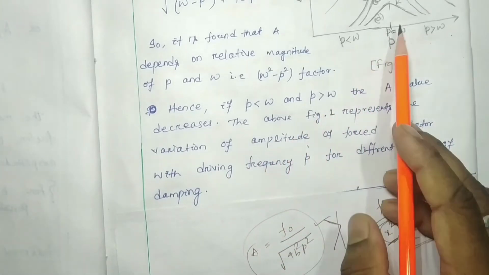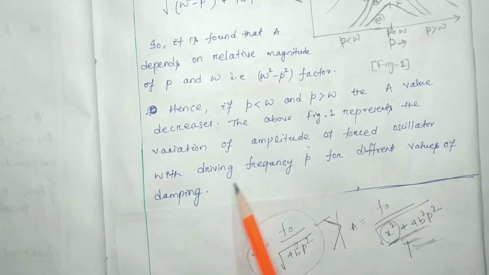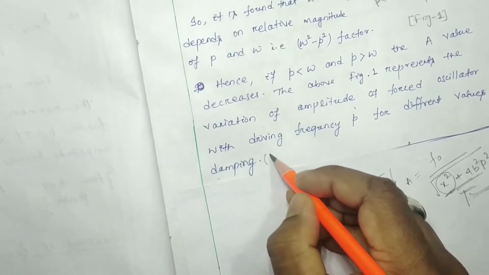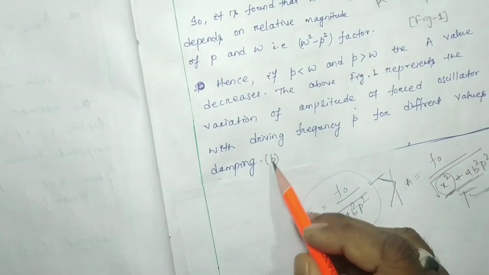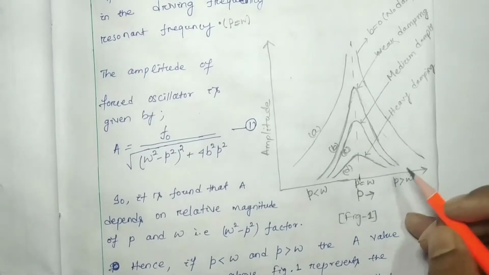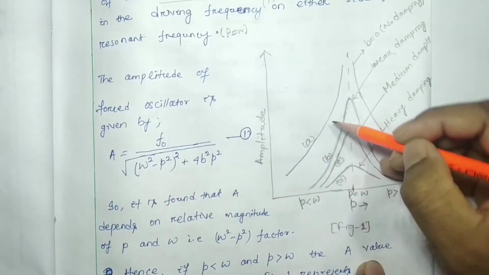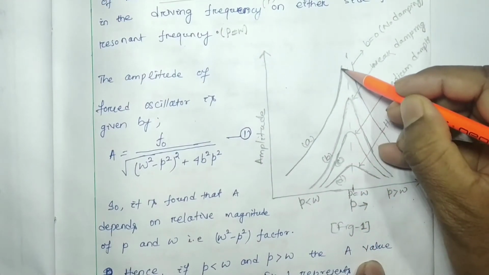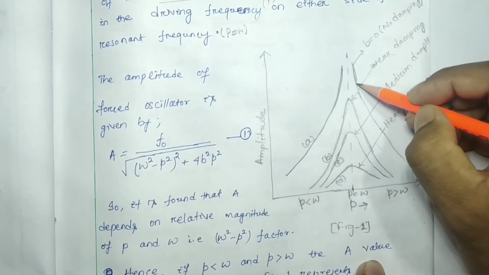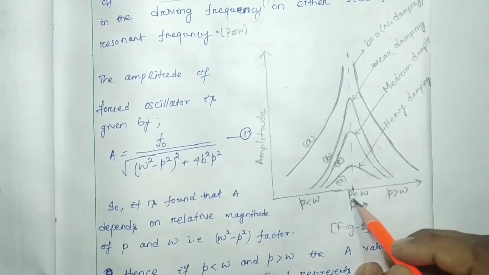So the above figure 1 represents the variation of amplitude of a forced oscillator with driving frequency P for different values of damping. Damping, in bracket you just write B, because B represents the damping factor. Now, curve A, this one, on either side, both these curves are symmetric about P equal to omega.